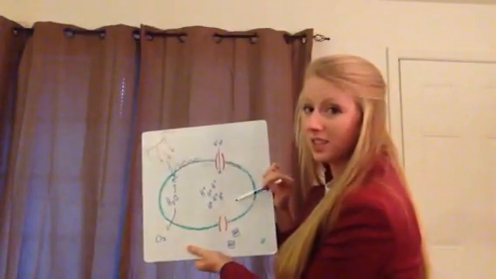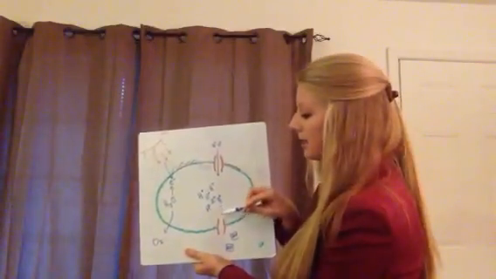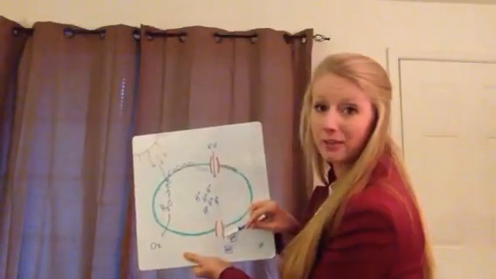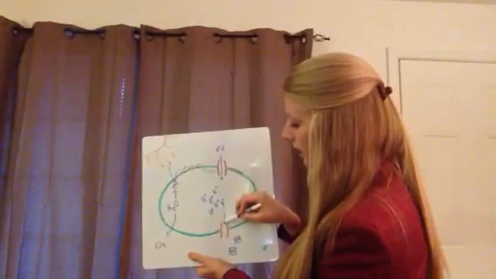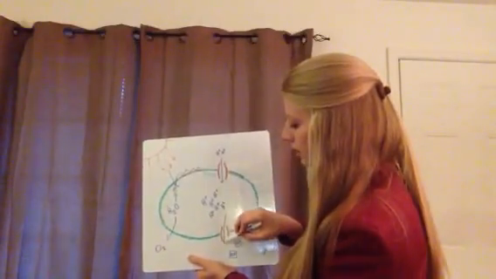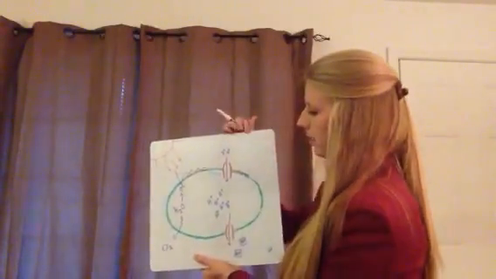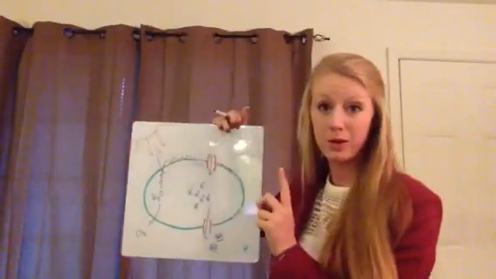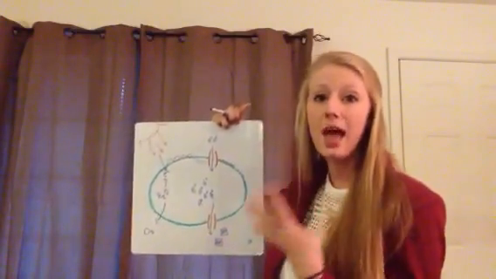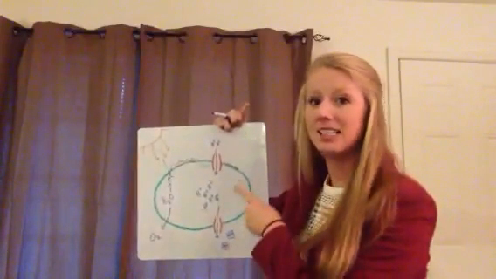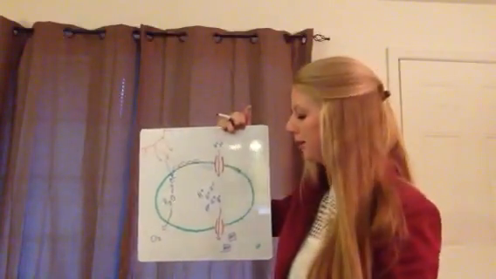So what they're going to do is passively transport out of the cell. They're going to diffuse out of the cell through yet another protein. That's our other red mark here. But recall, we're going from a high to low gradient now. That's why I said passive transport. It's a lot easier to go from high to low.